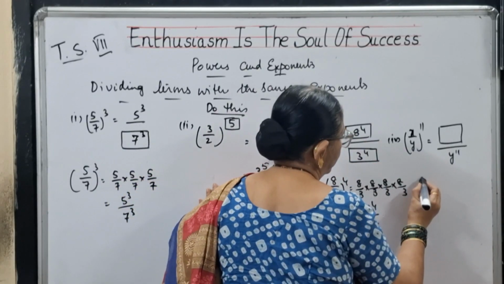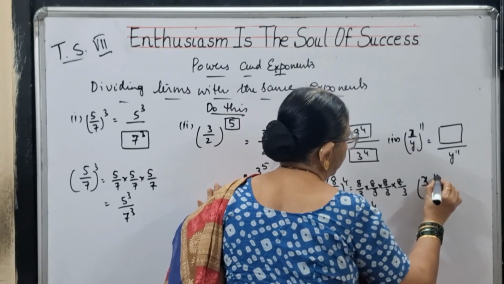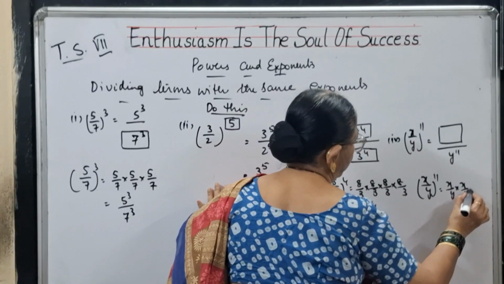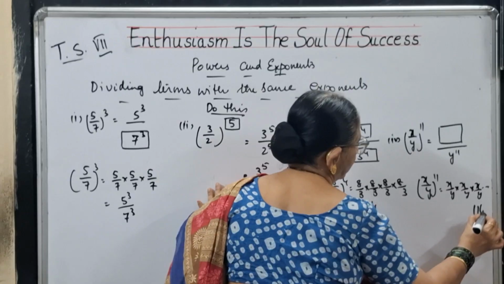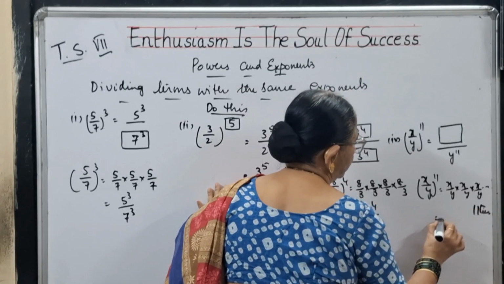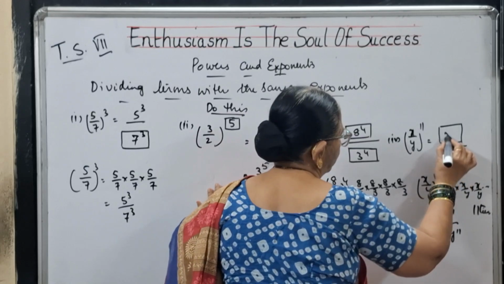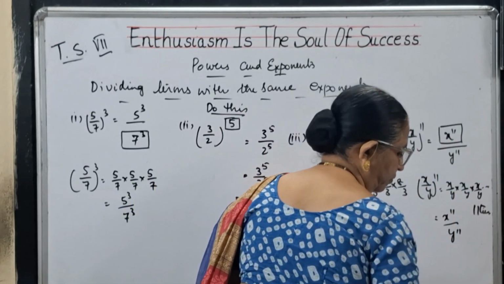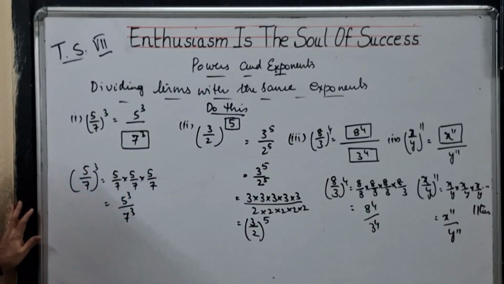Next. x by y whole to the power of 11, that is x by y into x by y into x by y, and so on up to 11 times. That means x to the power of 11 by y to the power of 11. So y to the power of 11 is there, x to the power of 11 you have to write. So these are the sums, children.